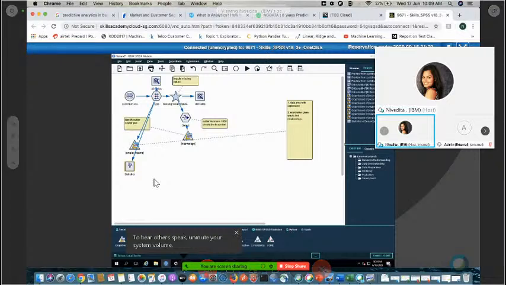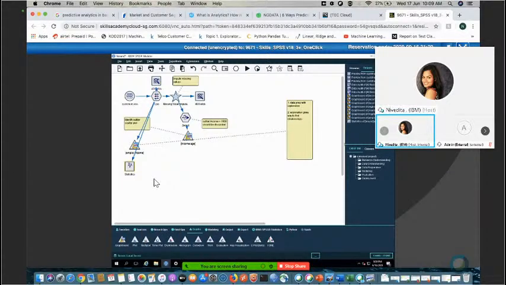I have received the feedback that most of the people are not able to follow what I am trying to do here. One of the participants is talking, so please mute yourself if you're talking.